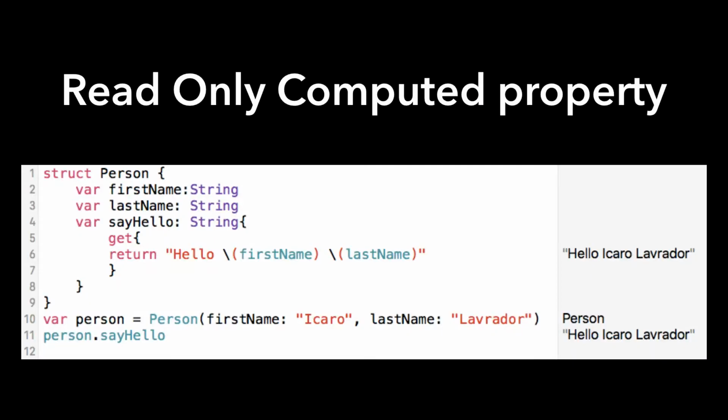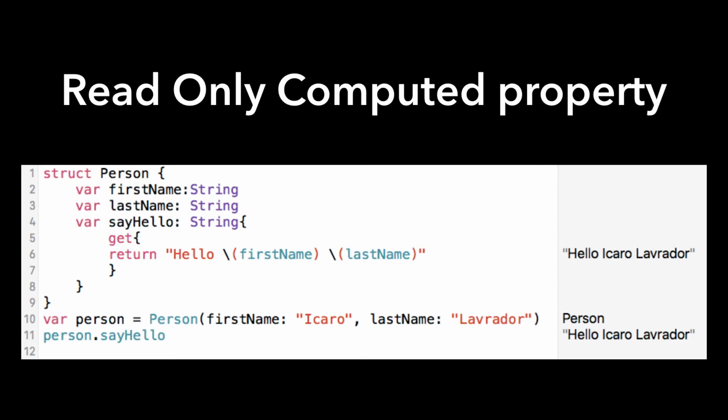A very simple example. In this case, I have a struct called Person, and I have the first name, that's a stored property, and the last name, that's another stored property.